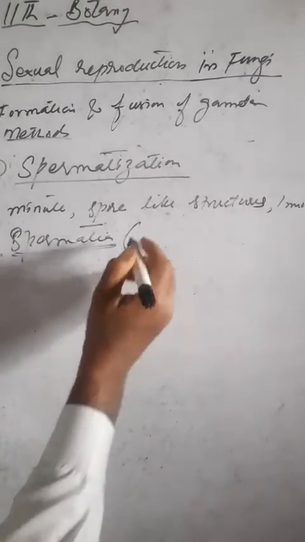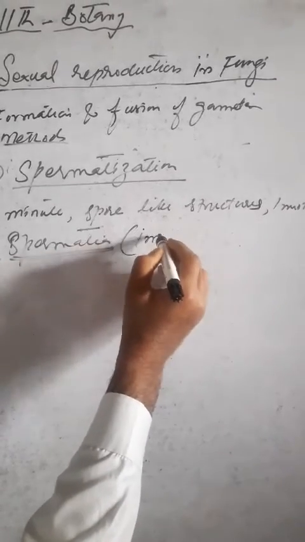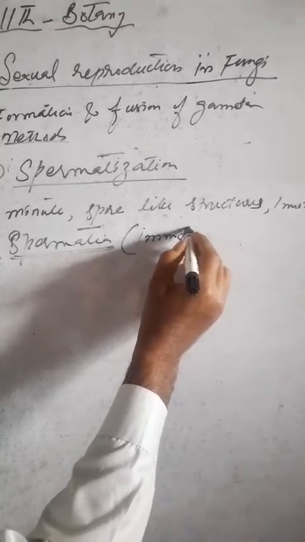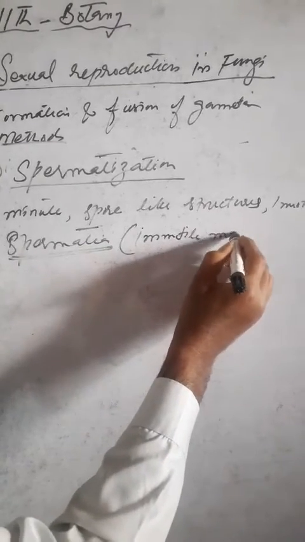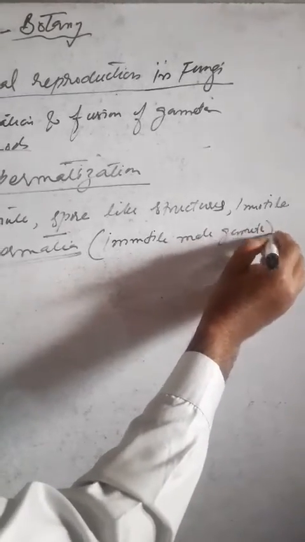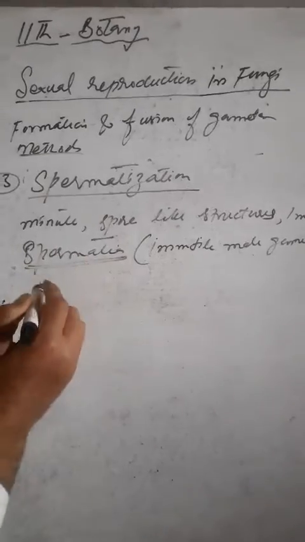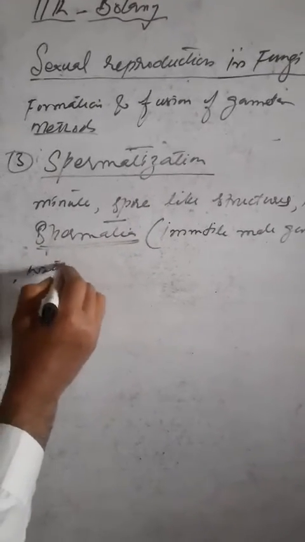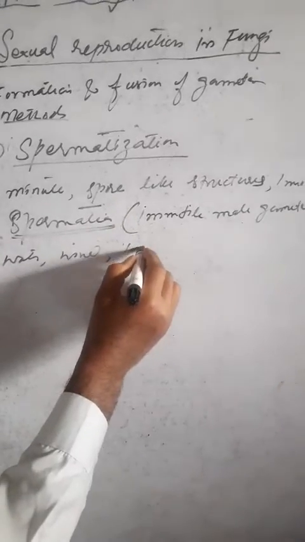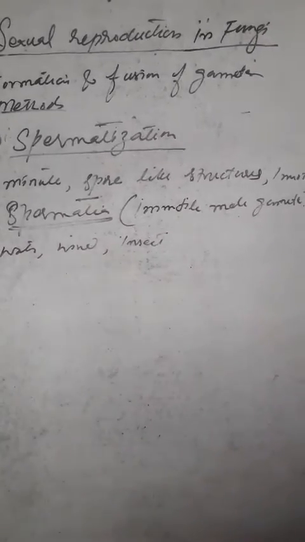These spermatia are immotile male cells, male nuclei, immotile male gametes. They are formed first, and then they are taken by water or wind or by insects to the female organ.